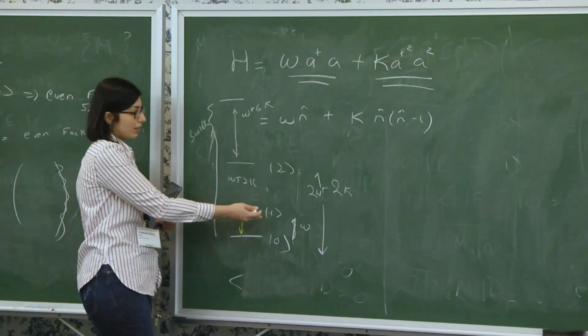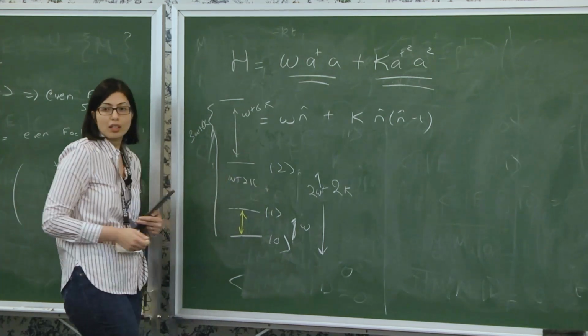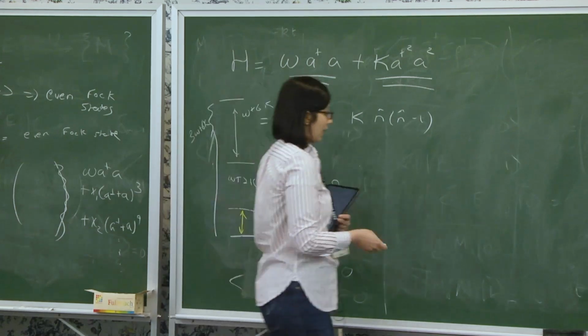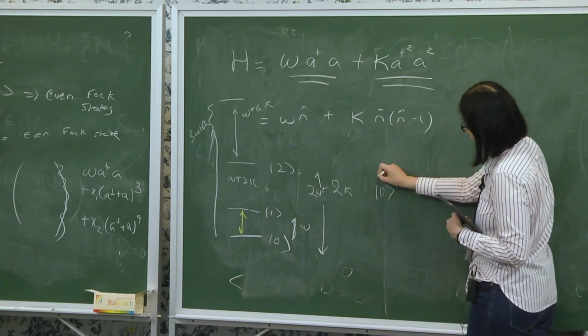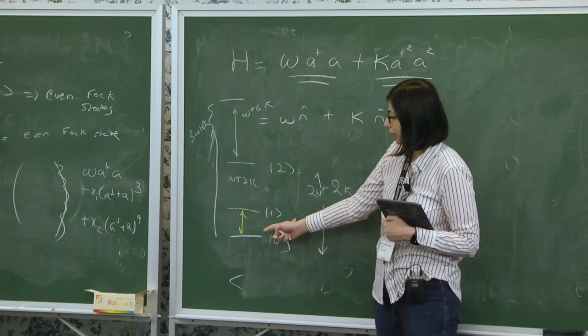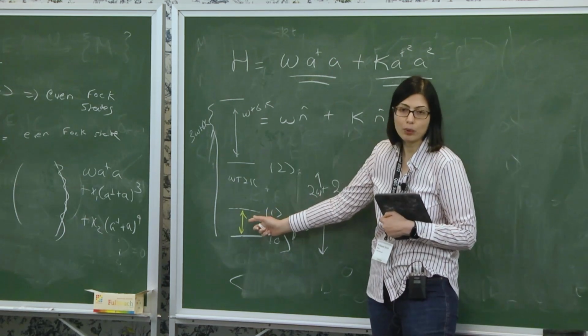This is why this nonlinearity matters. So suppose you have the vacuum state 0, and I ask you to prepare the qubit in state 1. How will you do it?